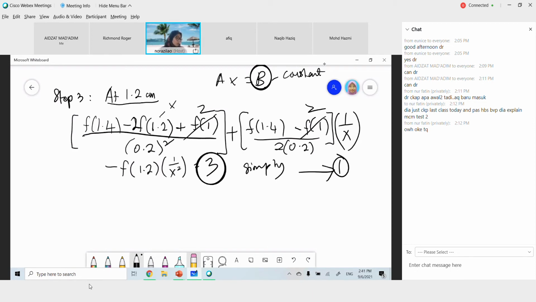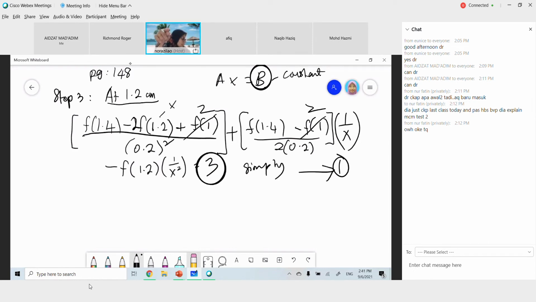So dalam modul, equation ni, example 9.2, using module page number 148.